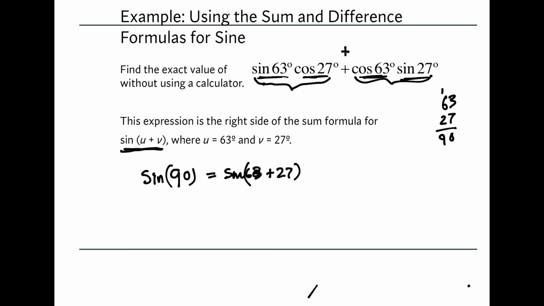And I know what the sine of 90 is. The sine, or the y value, at 90 degrees is 1. So I see 1 is the sine of 63 times the cosine of 27 plus the cosine of 63 times the sine of 27. I know that I don't have to do all of this. I already know what it's going to work out to because I know the sum of those two values is 90. And the sine of 90 is easy.